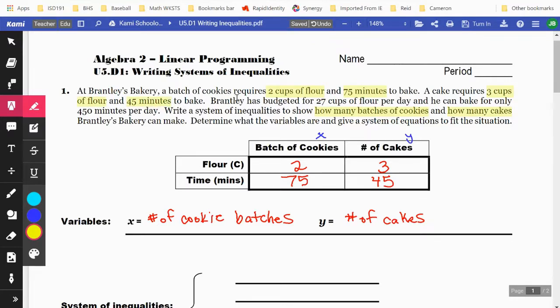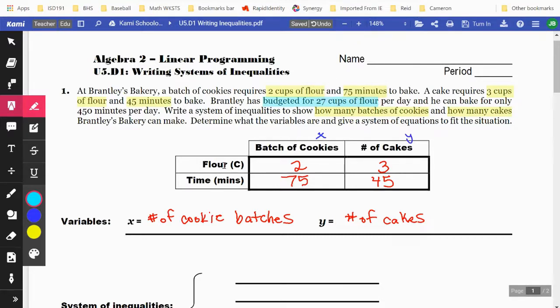Then in the next sentence, it says Brantley has budgeted for 27 cups of flour per day. That's a total amount that he can use, up to 27 cups of flour. It's possible that he doesn't use the entire 27 cups of flour, and it certainly is possible that he uses all of it, but what he can't do is use more than that.